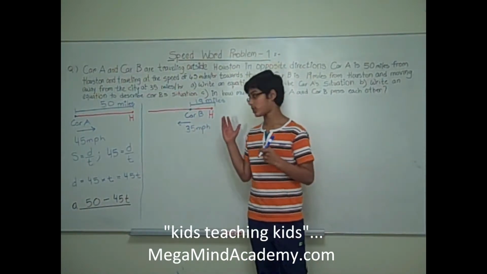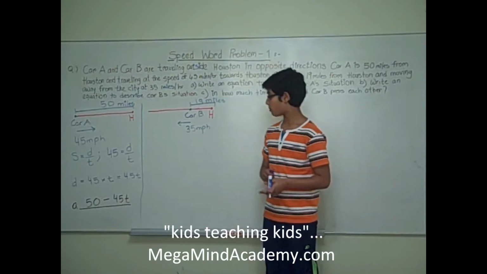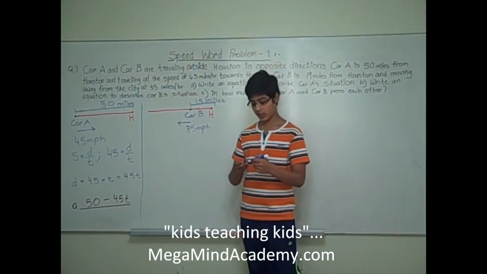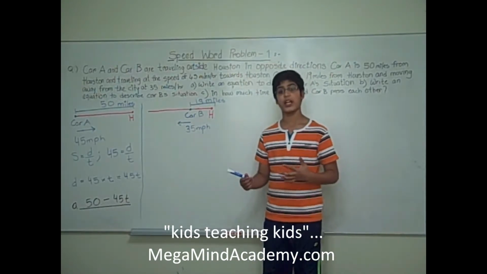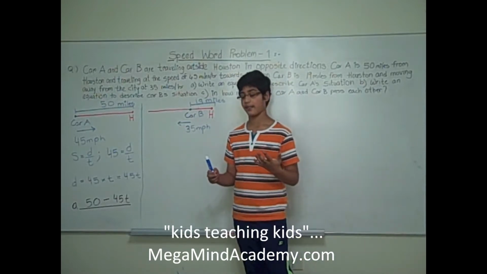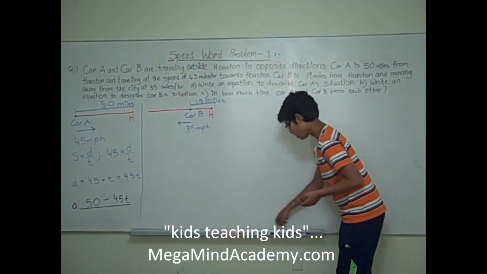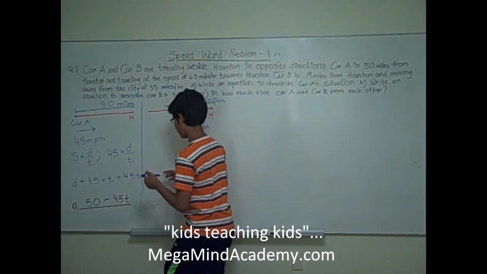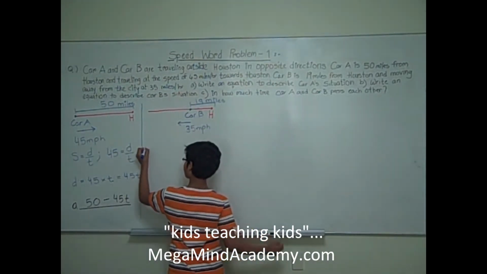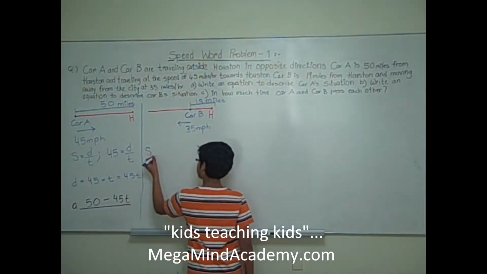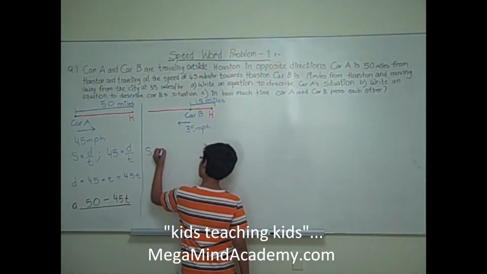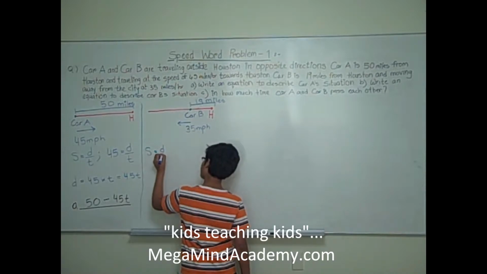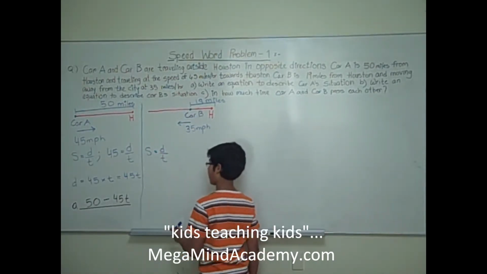Once again, before we start writing this equation, let's first get the same formula drilled in our mind again. It is speed, S for speed, is equal to distance, D for distance, over time, T for time.